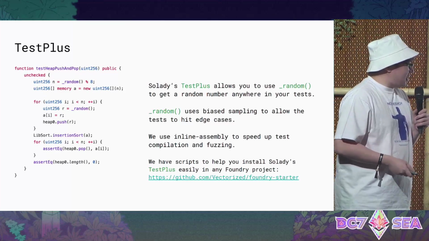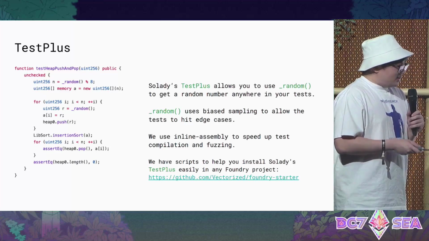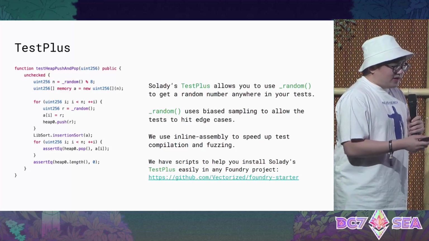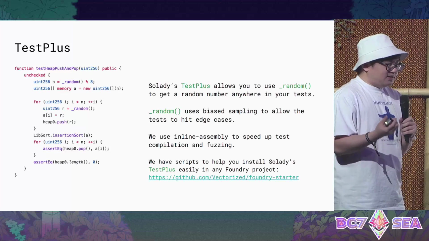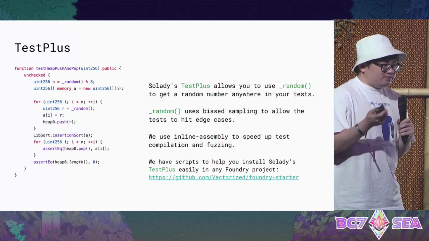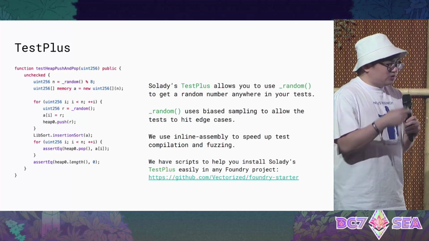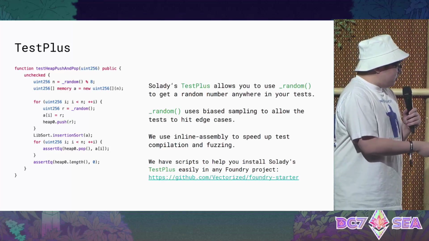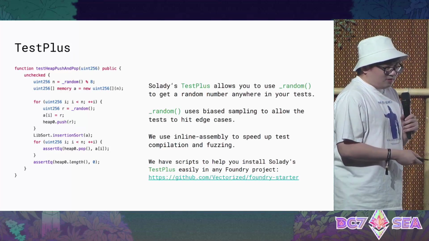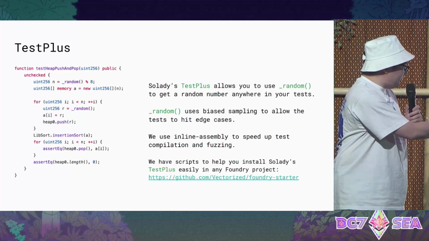So instead, I used a lot of black magic to write this _random method, which allows you to generate a random stream of numbers anywhere in your code. So you can do something like guided fuzz testing. And if you want to know how to integrate it into your project, you can follow the link below.